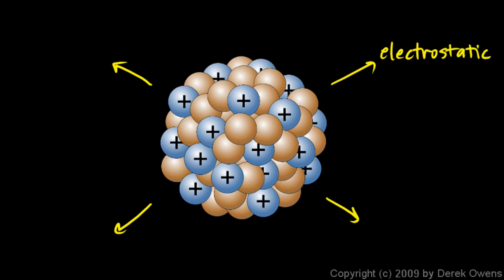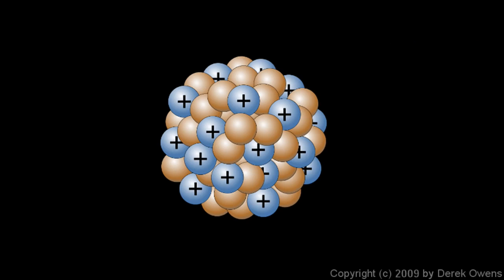At the same time, there's this inward pull, and that is a result of the strong force, or the strong nuclear force. That force exists between protons and neutrons, and it holds the nucleus together. Those two forces are basically counteracting each other, and in most cases the strong force wins out and the nucleus is held together, and the nucleus is stable.